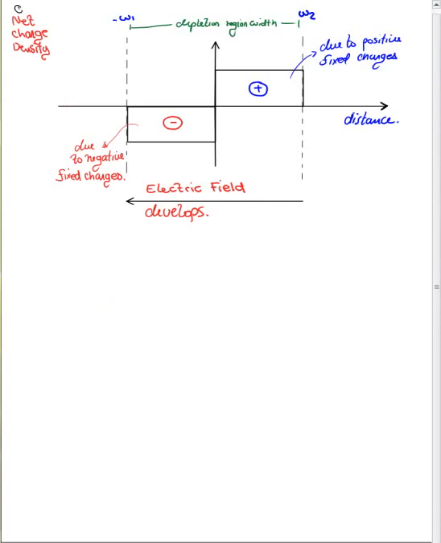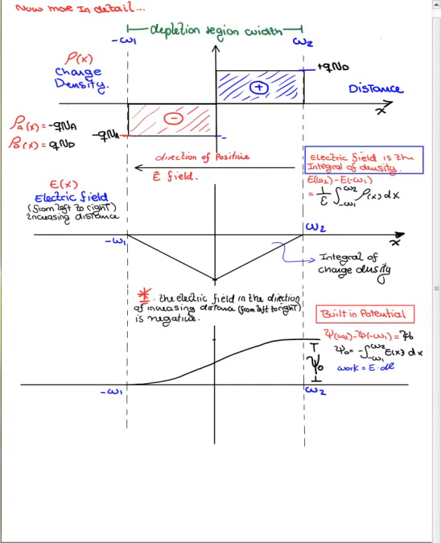Now let's go a little bit more in detail. Okay, so now in more detail, this is the same graph that we had before right here, where we have the charge density, and now the charge density is in coulombs per cubic centimeter, right? So you're going to have the negative charge unit times the acceptor concentration, which is the number of acceptor atoms per cubic centimeter, and then here you have the positive charge unit times the number of donor atoms per cubic centimeter, right?